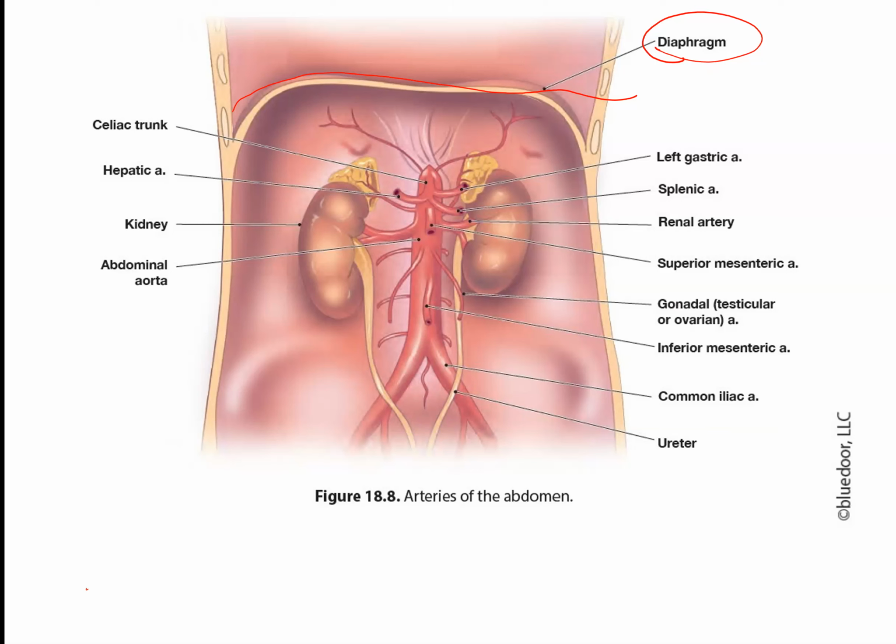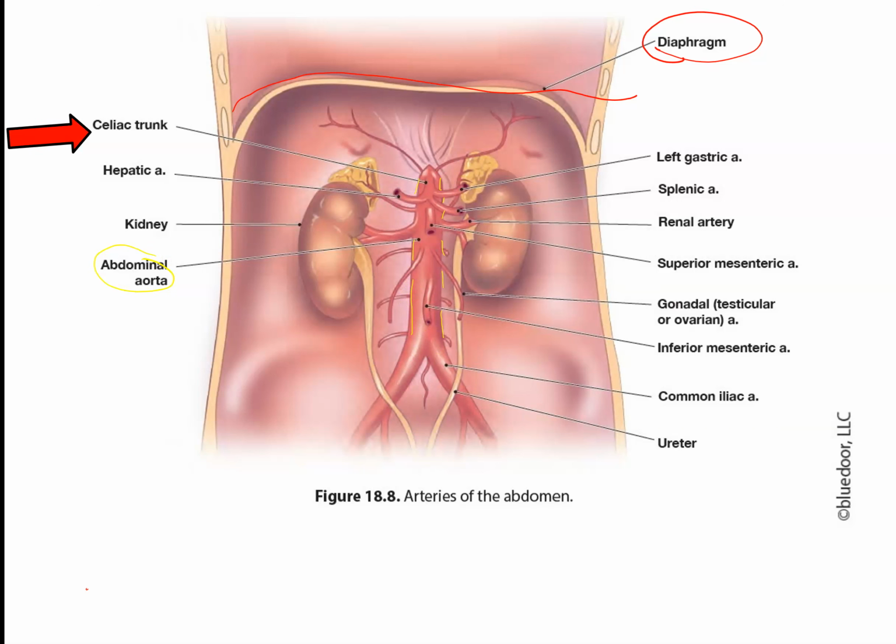Your aorta is going to keep extending. It's this really large blood vessel that goes all the way down the middle of your abdominal cavity. So all throughout here is aorta. This is your abdominal aorta.